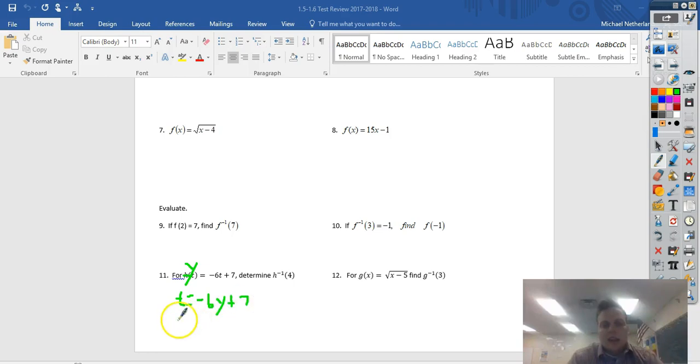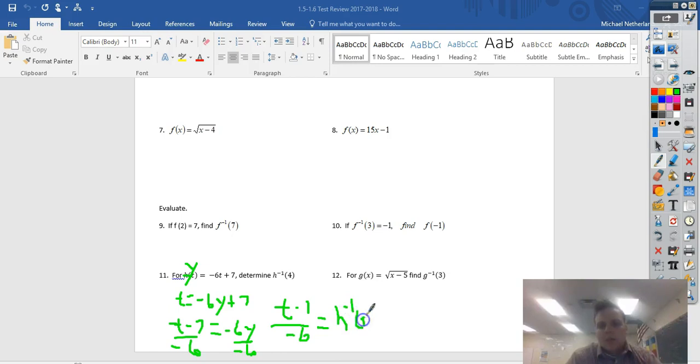So I subtract 7, so I get t minus 7 is equal to -6y. And then I divide both sides by -6. So I get t minus 7 divided by -6. Well, that's equal to my inverse. So in this case, it'd be h inverse of t.